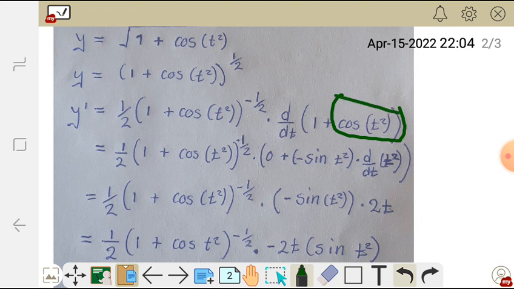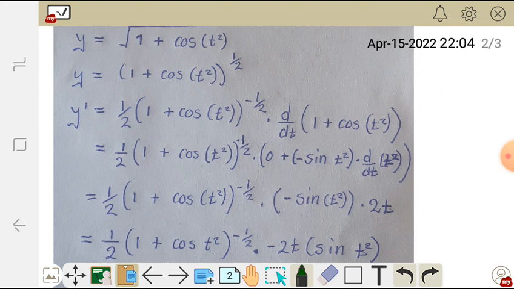The derivative of cos is negative sine t squared, and then you use the same chain rule, because the cosine function has t squared inside. So you differentiate the cosine function and multiply that by the derivative of what is inside, which is t squared.